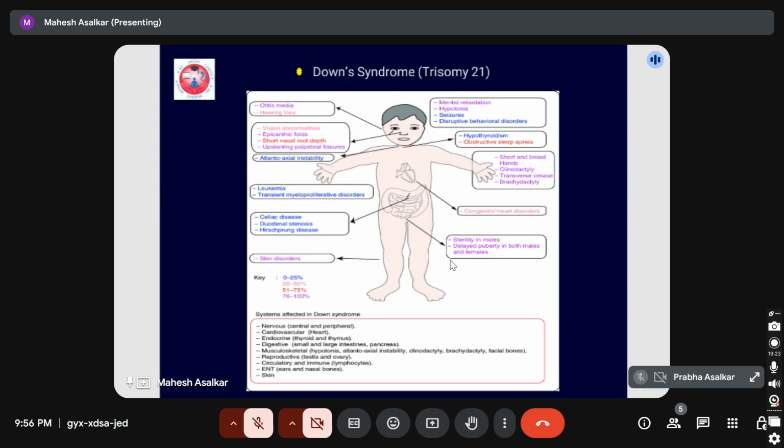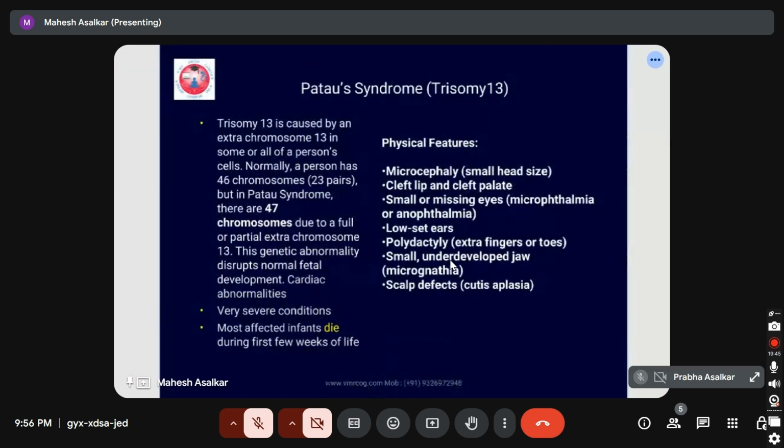That is skin disorder, sterility in males, then otitis media, epicanthal folds, slanting palpebral fissures, mental retardation, hypotonia, short and broad hands, clinodactyly, transverse crease, brachydactyly. So these are the features which are present in 76 to 100% of patients with Down syndrome. Okay. Then coming to the Patau syndrome, that is trisomy 13.